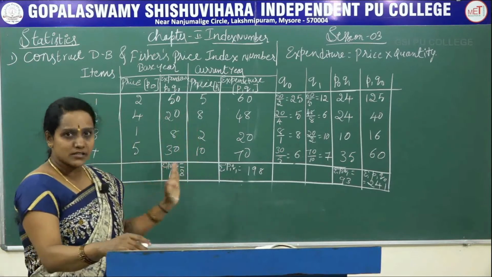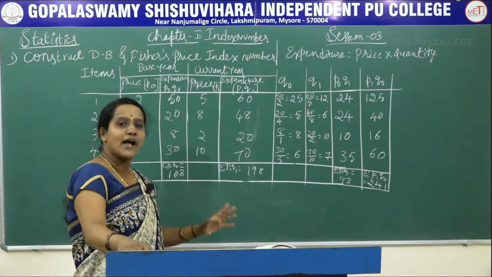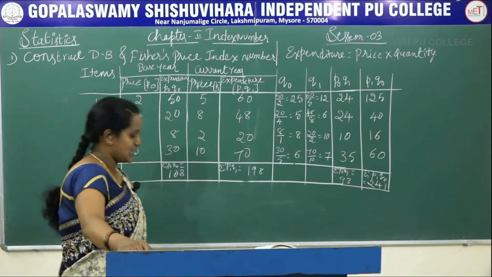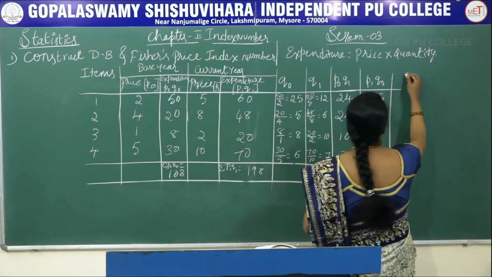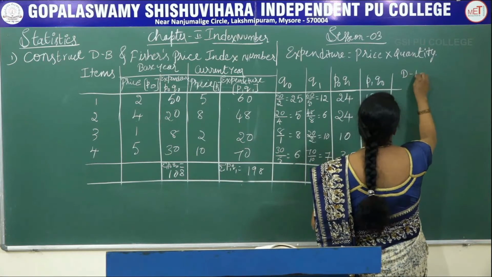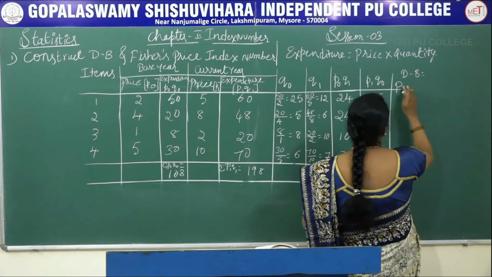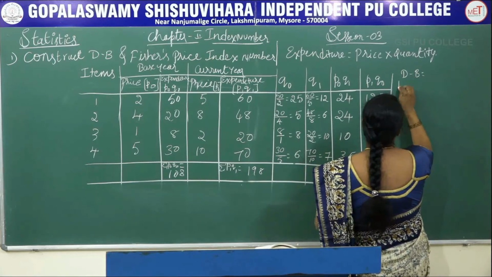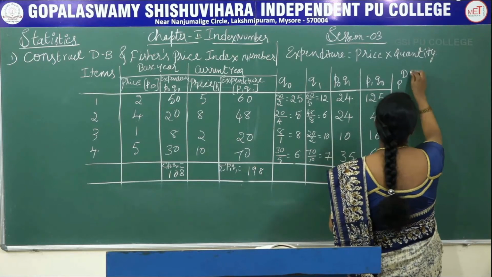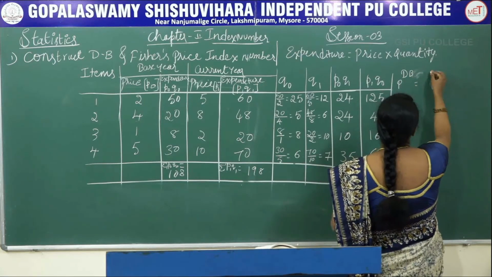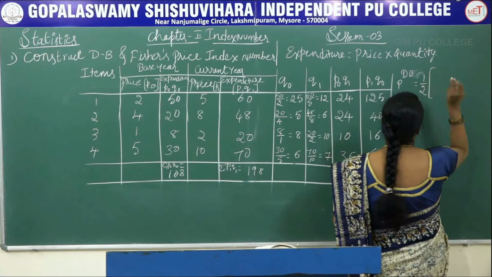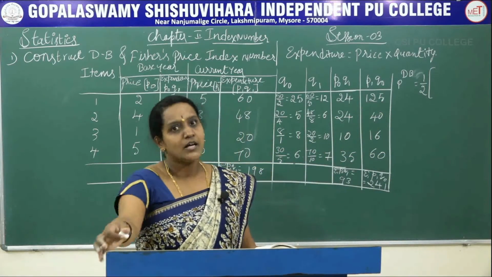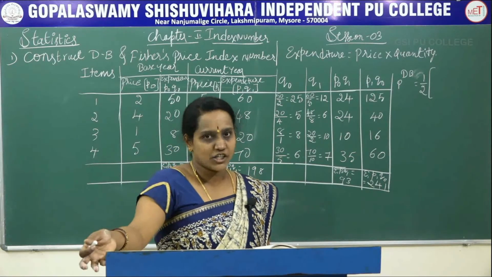After completing this table, the next step is to find Bowley. The formula to find Bowley: P of Bowley is equal to half into... See, last class we took Bowley as half of Laspeyres plus Paasche.